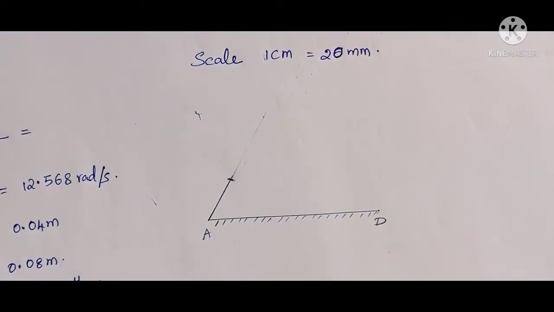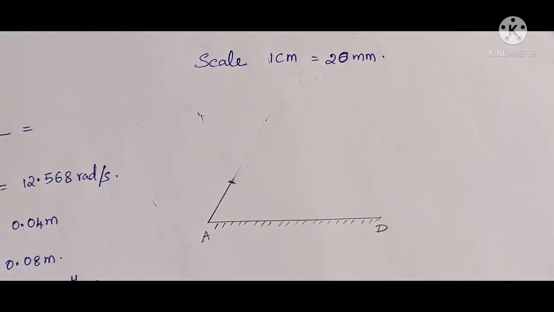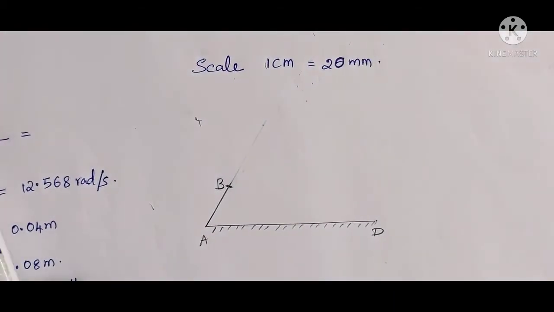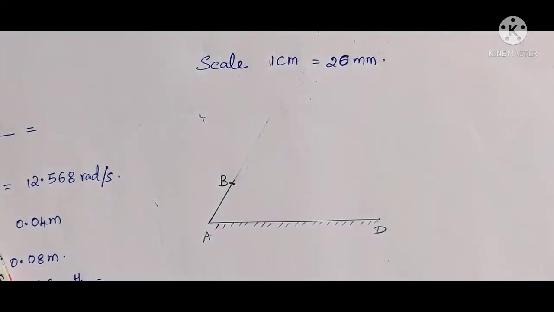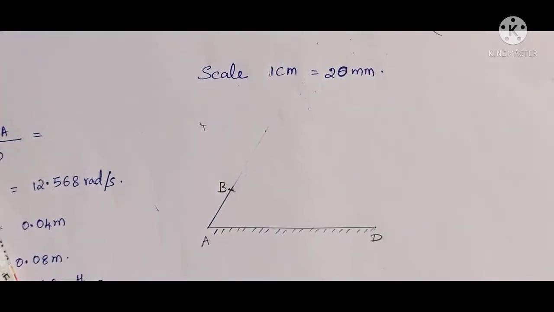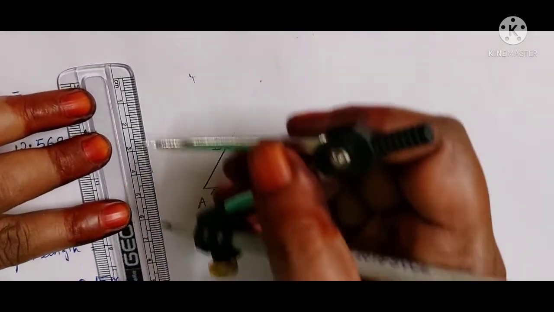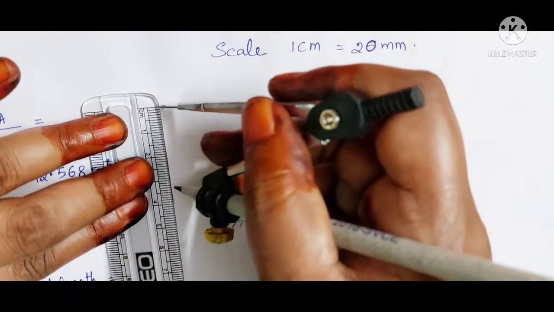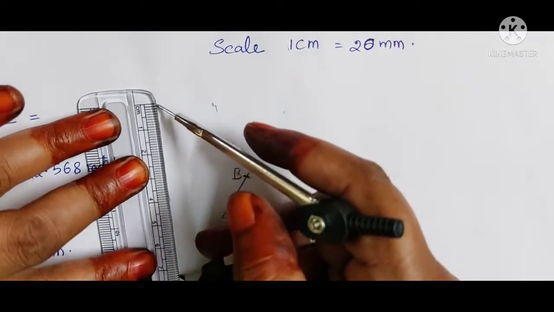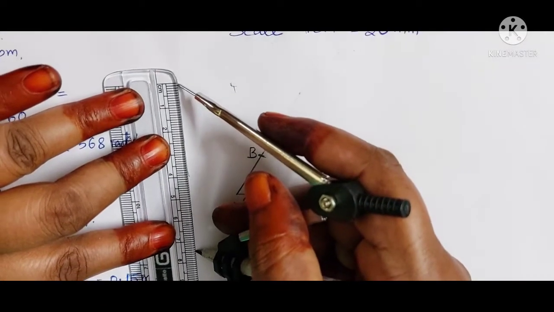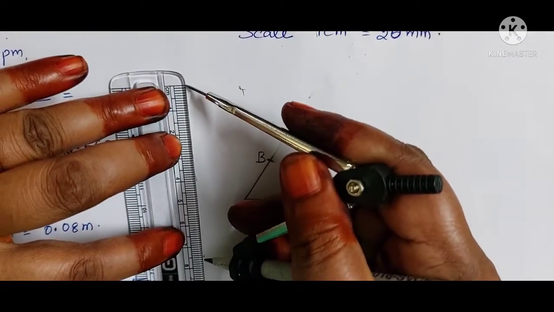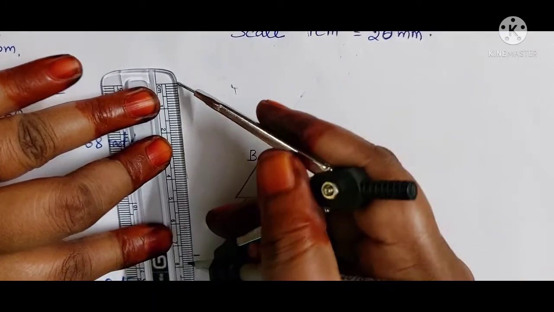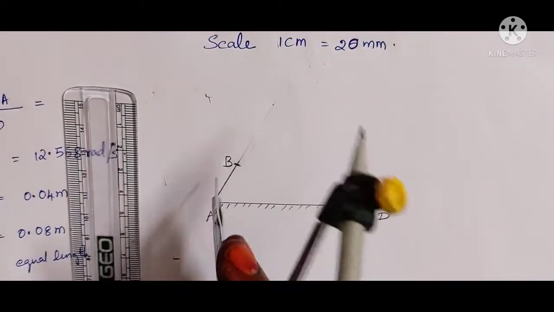Now A, B and D are marked, and we need to mark the point C. BC is equal to AD, so it is 150 mm. Using the scale 1 centimeter equal to 20 mm, you get 7.5 centimeters or 75 mm. Take that value and mark an arc.